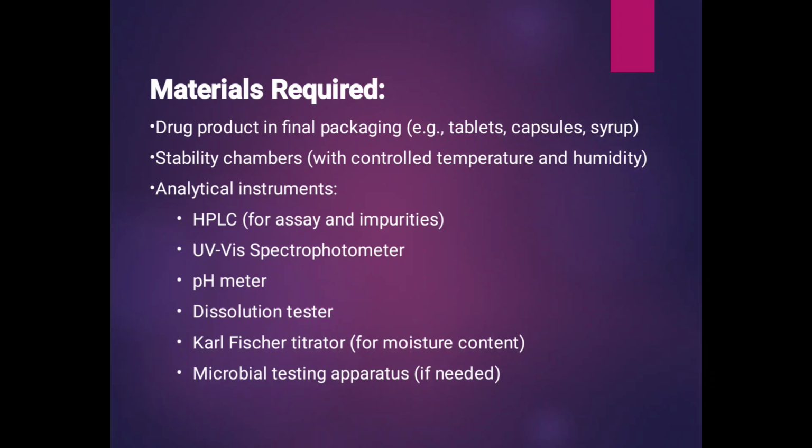Stability chambers with controlled temperature and humidity are required. Analytical instruments are also required: HPLC for assessing impurities, and UV visible spectroscopy. For physical properties: a pH meter to determine the pH, a dissolution tester, Karl Fischer titration for moisture content, and microbial testing apparatus.